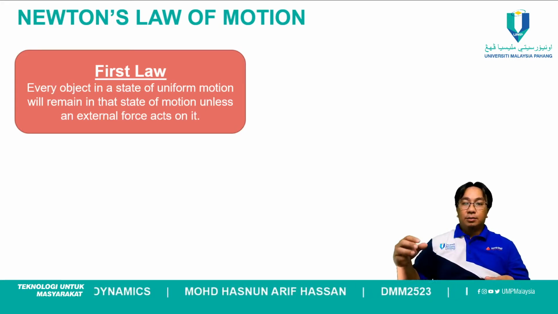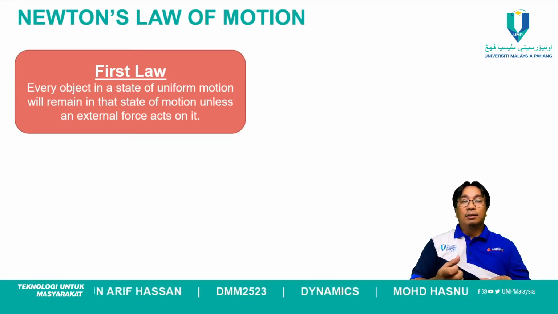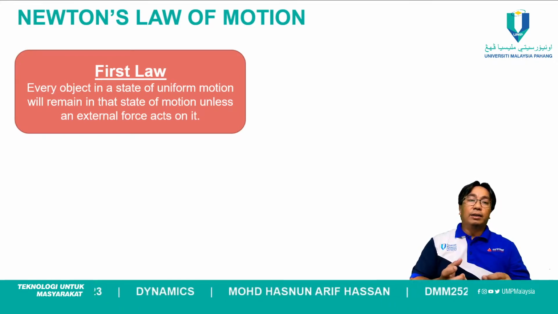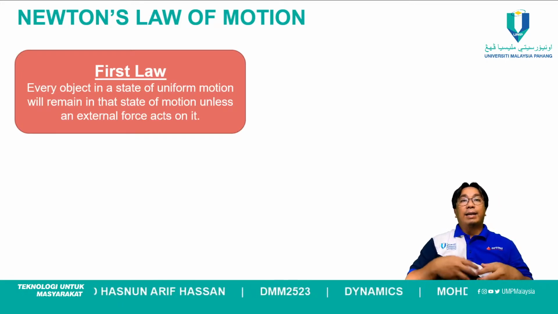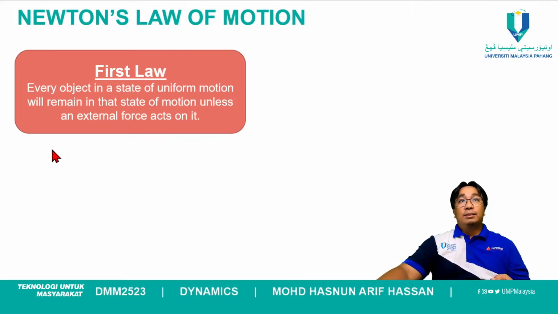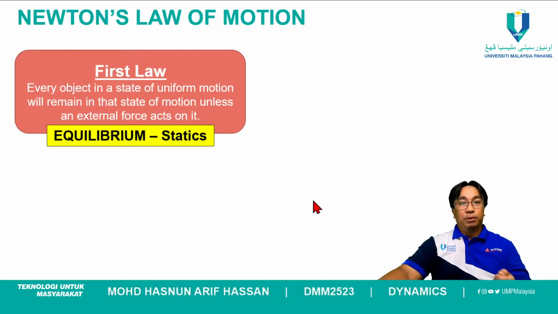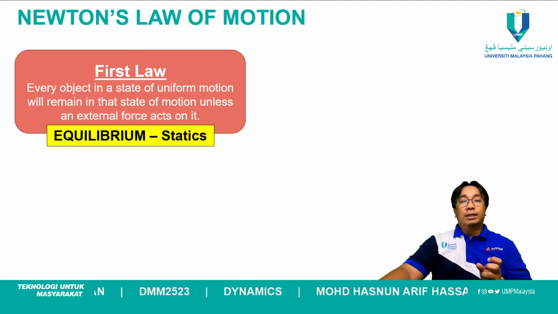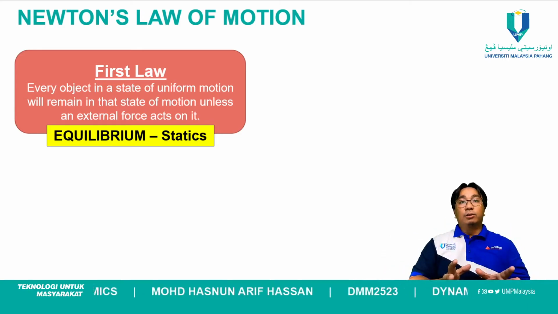If the object is moving with a constant velocity, it will stay moving at that velocity unless a force acts on it. This state in Newton's first law is known as equilibrium, which you have learned in statics. In statics you learned equilibrium, where the object is not moving.